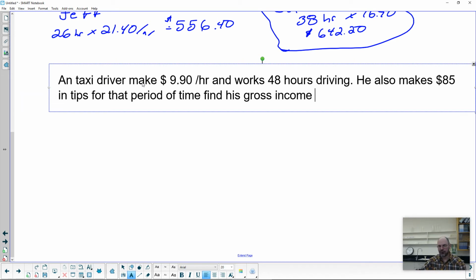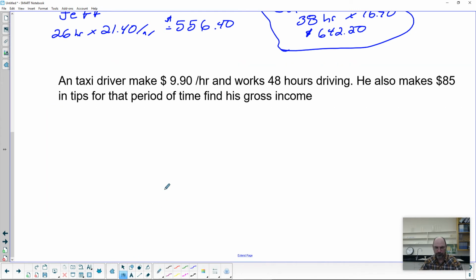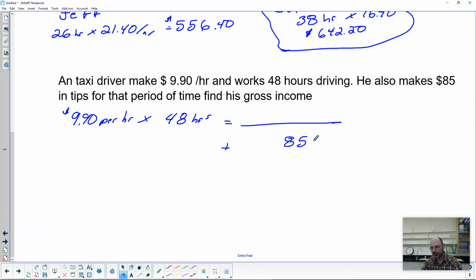So in this case, he's making $9.90 an hour times 48 hours, and that's going to give us a total, plus we're going to add his tips. And that's going to equal his gross.